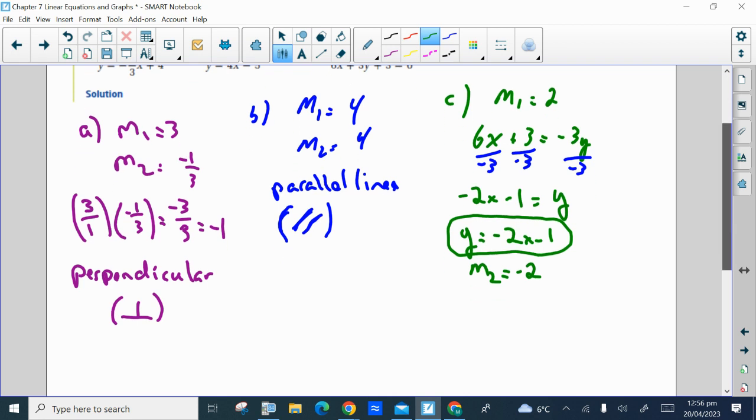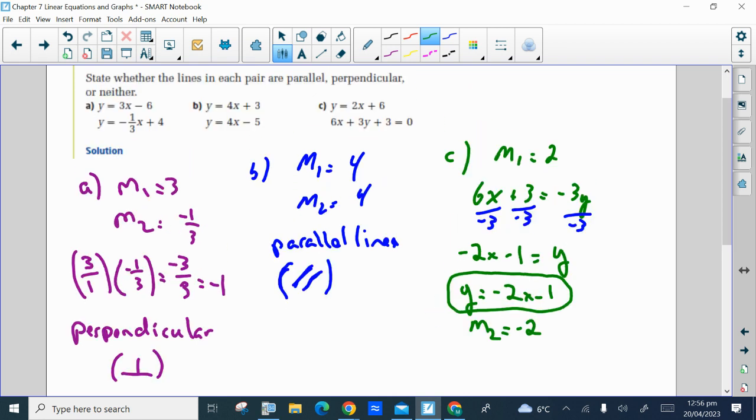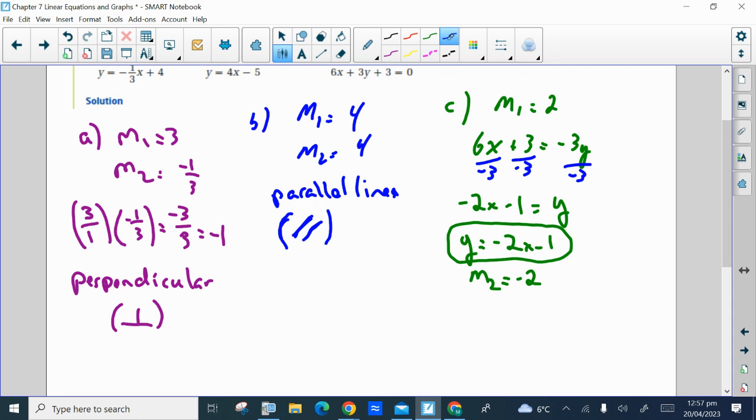So these are neither. Now remember, the other thing you can do: if you multiply m1 times m2, if the lines are perpendicular, that product must be -1. In this case, it's -4, not -1. So this would be neither, which again means they're going to cross somewhere, but just not at 90 degrees.